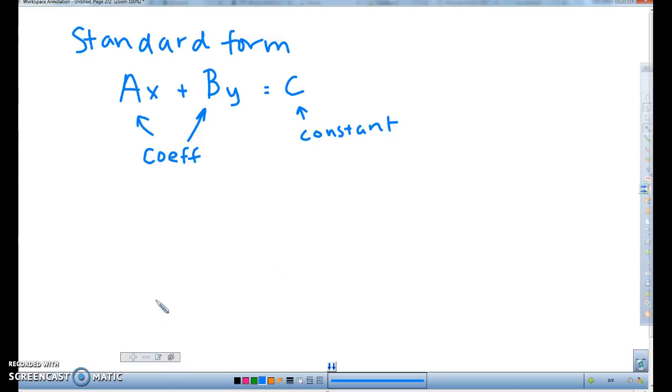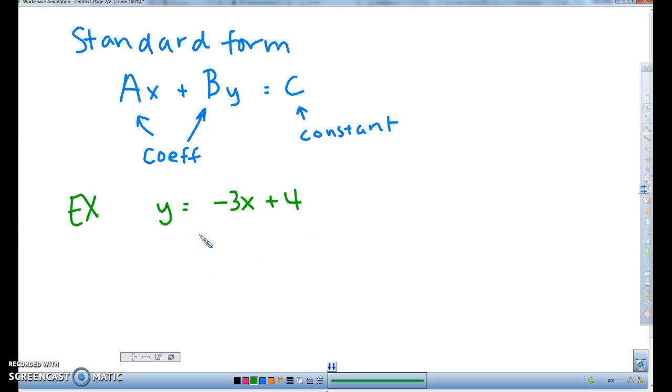So let's actually practice going from slope-intercept form to standard form. So that means I'm going to have an equation y equals negative 3x plus 4. This is in slope-intercept form because I have some slope, m, negative 3, and some y-intercept, or that plus b, that plus 4.